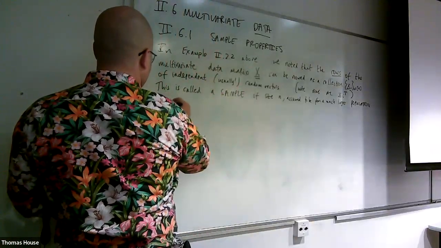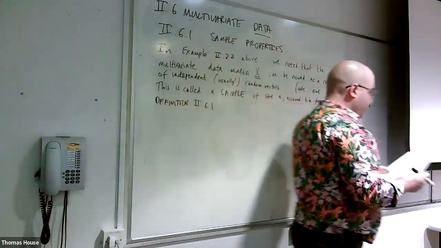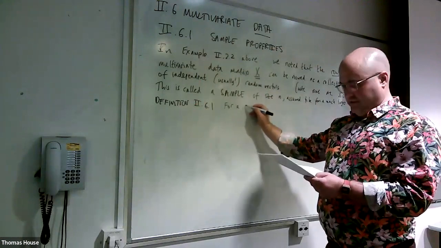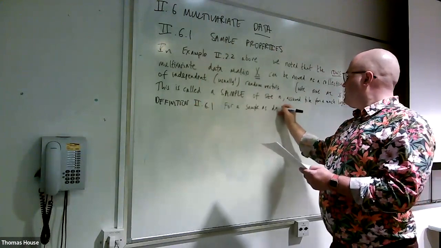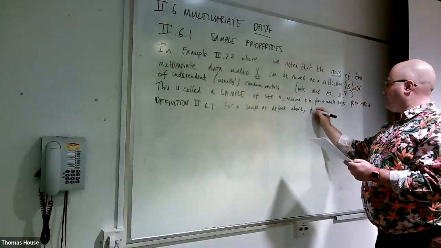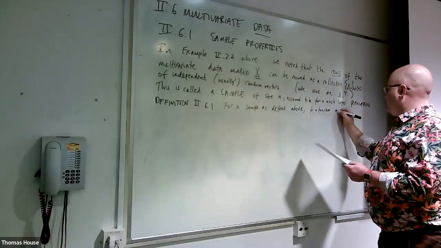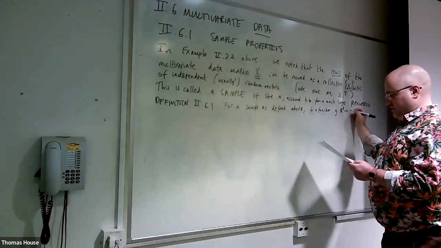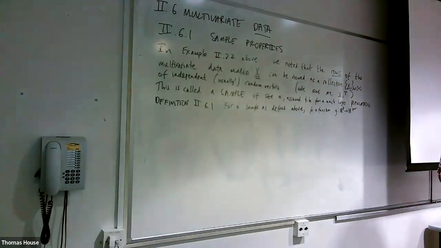So let's define some things for a sample. It's defined above, for a function G that maps R^p to R^q in general.